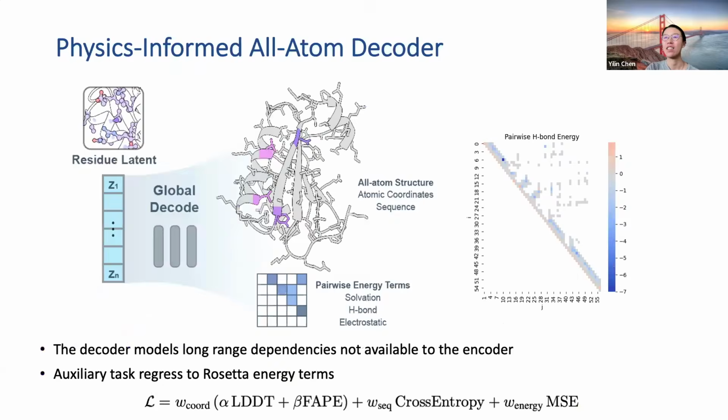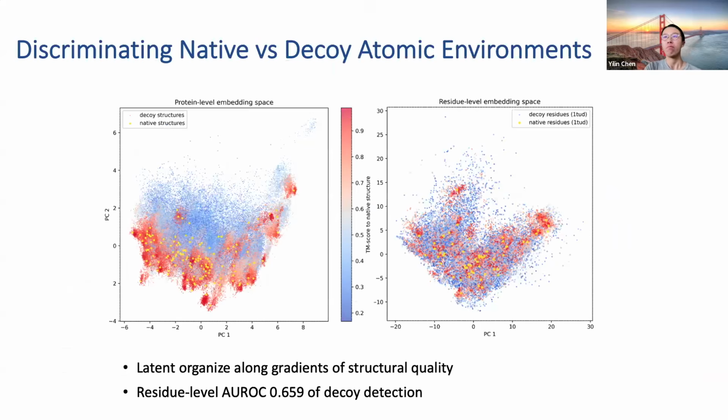Another thing that inspires our future work is that we see the latent has a way of discriminating native versus decoy atomic environments. We take a data set of 130 native structures, augmented with thousands of decoys, and project that all onto this SLAE latent space.